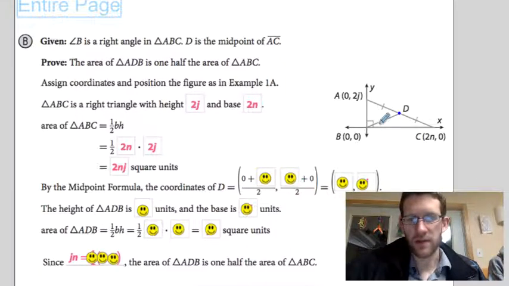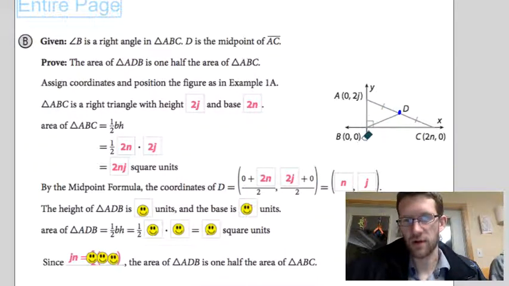And then let's calculate where point D is. We can do that using the midpoint formula. Hopefully you guys can plug in some numbers here. As it turns out, point D here is N on the x-axis and J on the y-axis. So it's (N, J). Therefore, we can calculate the area of triangle ADB.